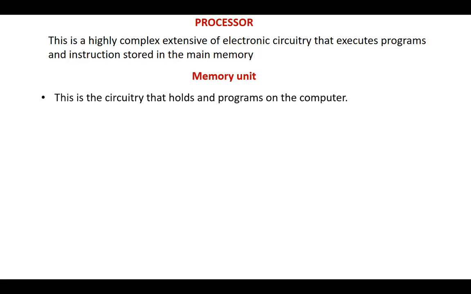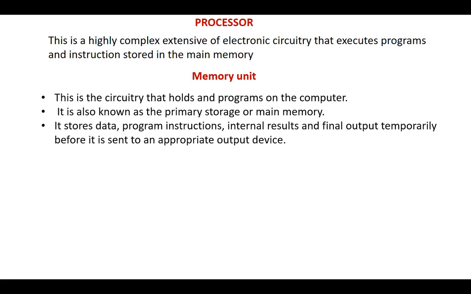It is also known as the primary storage, or the main memory. It stores data, program instructions, internal results, and final output temporarily before it is sent to an appropriate output device. So before data is sent to the output device, it is first stored in the memory.